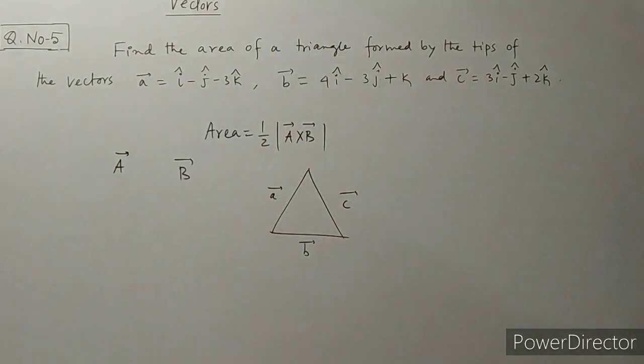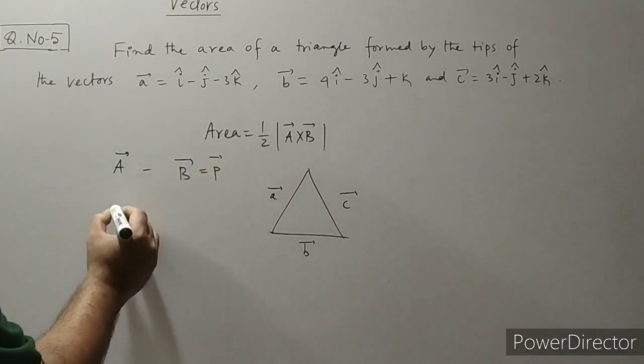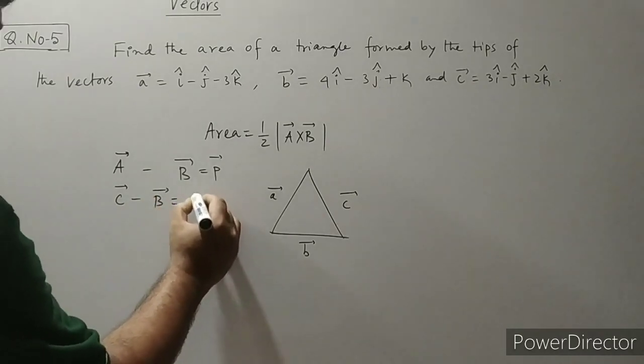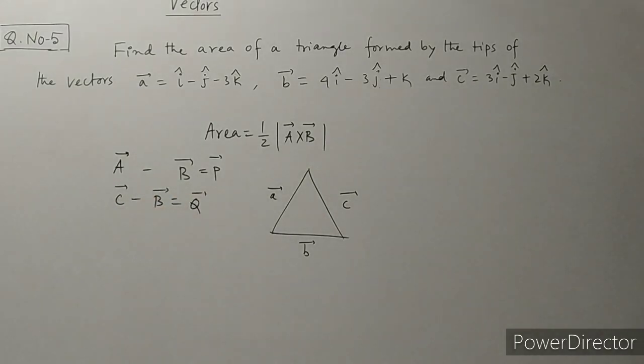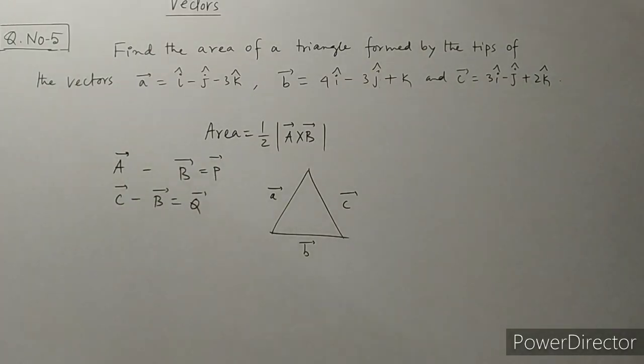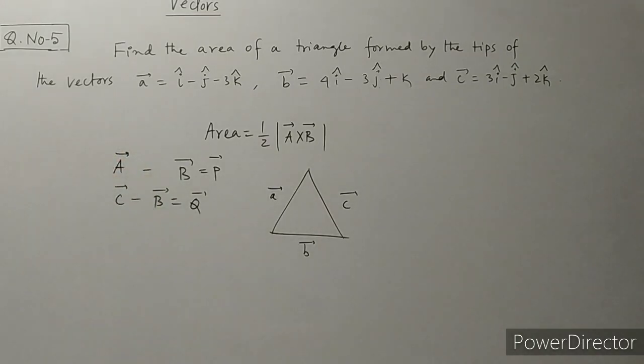For solving this kind of problem, whenever you have three vectors, you have to reduce them to two vectors, and then there is a formula. You can use A vector minus B vector is equal to, say, P vector. Again, C vector minus B vector, say Q vector. So the first step: A vector minus B vector will be P vector, and C vector minus B vector will be Q vector.